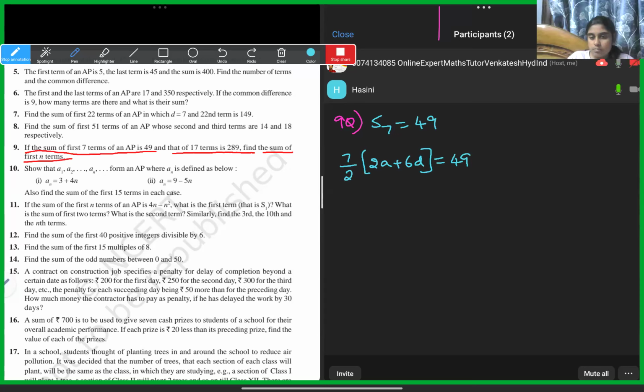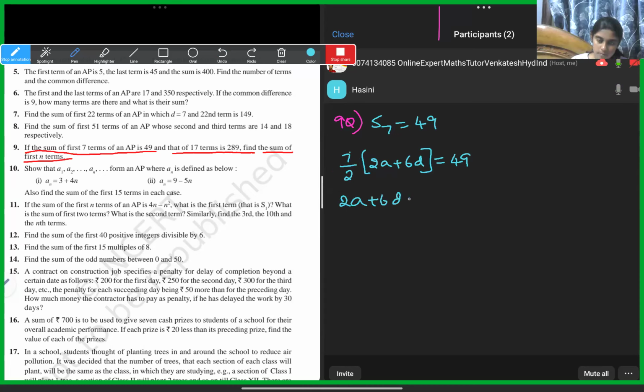Now Hasni, from the 7 by 2, I'm taking it to the right side. Whenever you have variables like this inside, you should not prefer distribution, because you will get fractions and get confused. 7 by 2 is a number that is multiplied, so you can take it to the right side and it becomes divided.